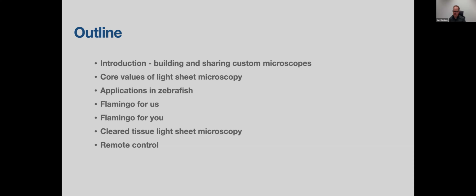Give you a brief summary of some of the things we've done in the past, mostly in zebrafish, and then introduce the Flamingo concept to you, why we came up with this idea and how valuable it is for us in our everyday work, and why we think this could be an interesting technology for you. And if I have time, I'll briefly go also into clear tissue imaging and talk about the advantages of remotely controlling such an instrument.